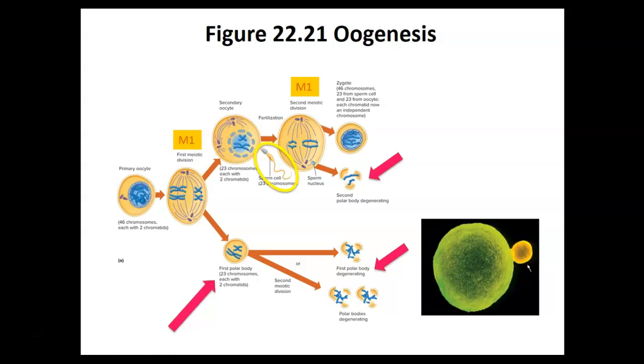It doesn't really do anything until fertilization happens. If a sperm reaches the egg and there is unification and zygote formation, then, oh, here's a typo. You guys fix it. This should say M2. The second round of meiosis picks up. And all the polar bodies that are created essentially are degraded via apoptosis.